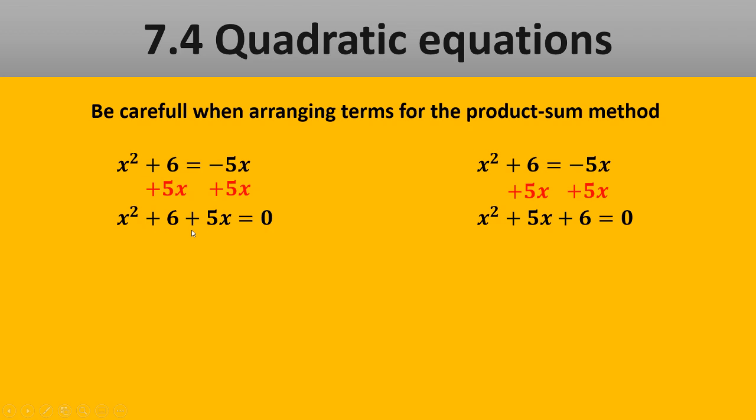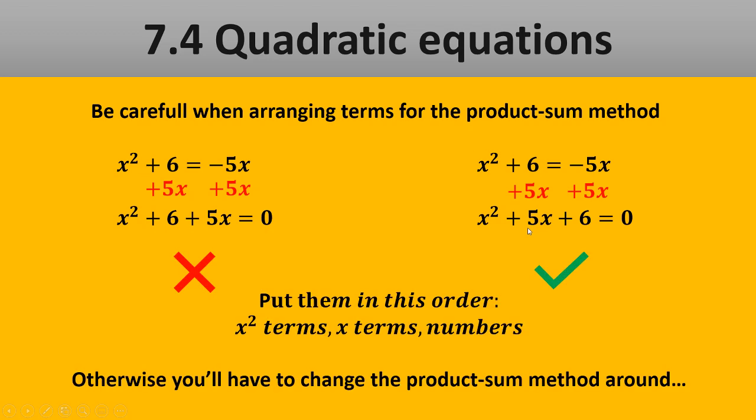Here I put my 5x at the end and here I put it in the middle. I would like you to try and put them in this order. This is mathematically correct, because I can rearrange plus terms like this. But if you write it down like this, there's a fat chance that you're going to do the product sum method incorrectly.